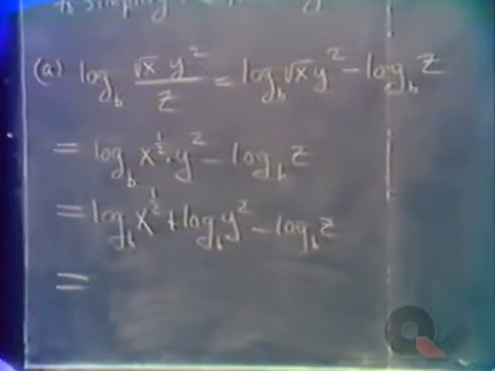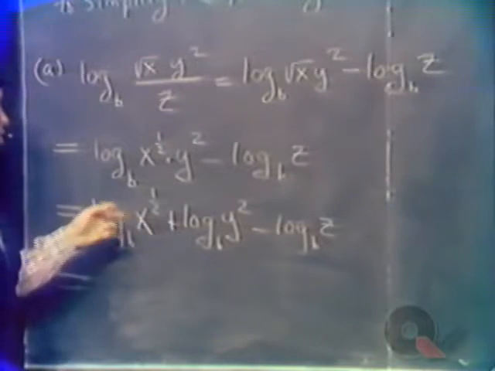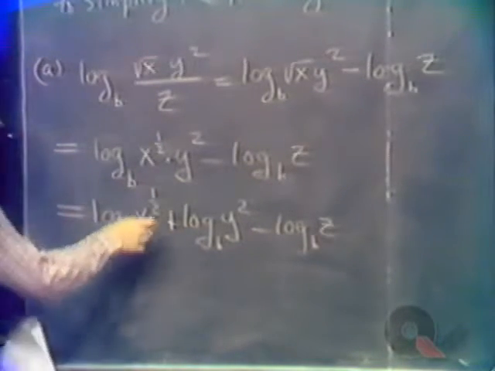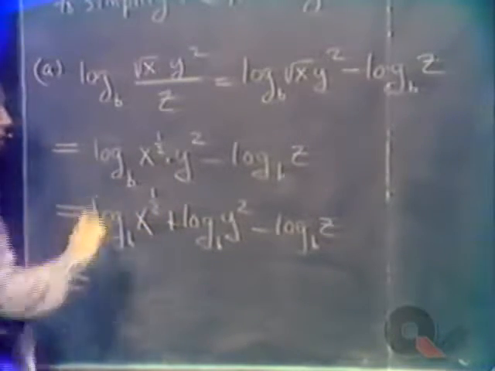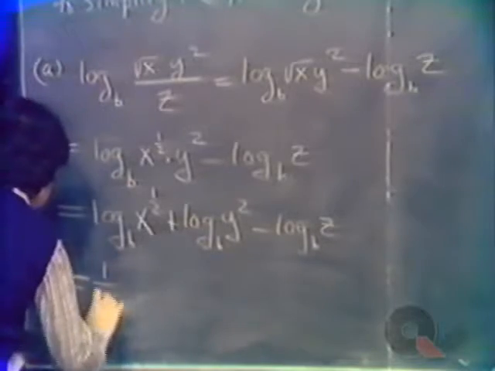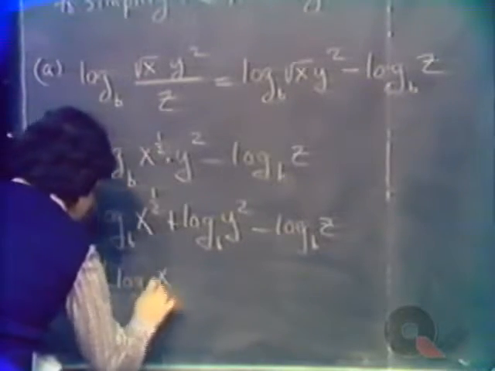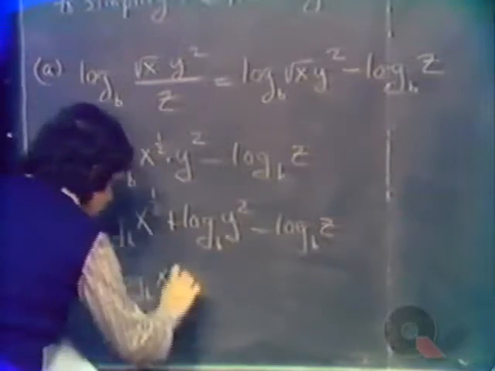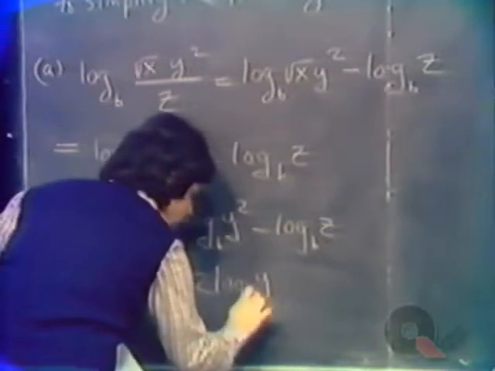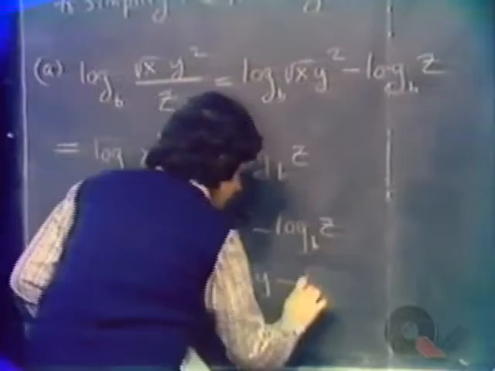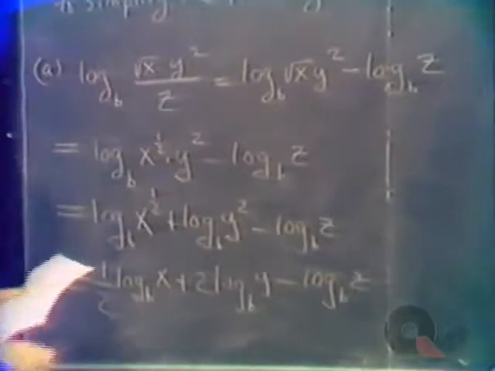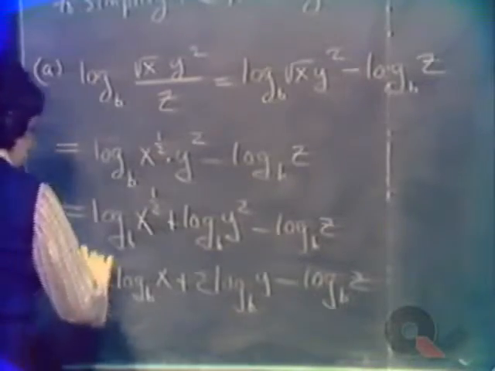And then finally, I can use a property that says the log of something to a power is the power times the log of the something. That is, you can bring the power down in front as a coefficient. So I can make this 1/2 the log of x to the base b plus 2 times, bringing the power down, the log of y to the base b minus the log of z to the base b. Okay, and there we have it.